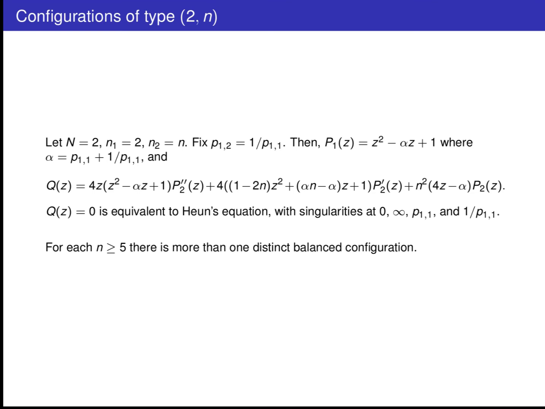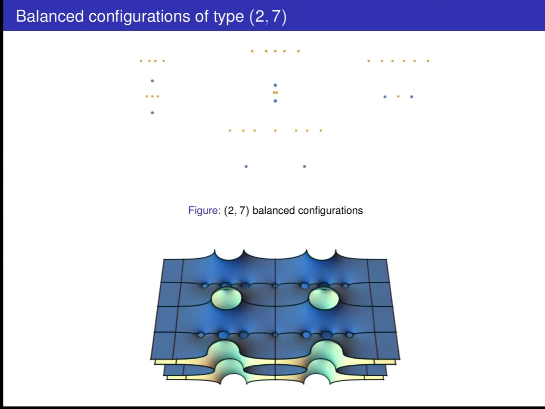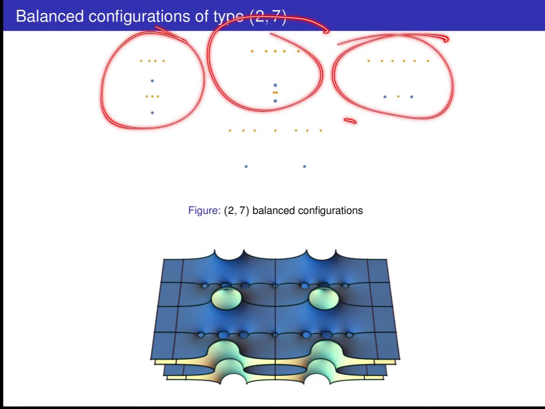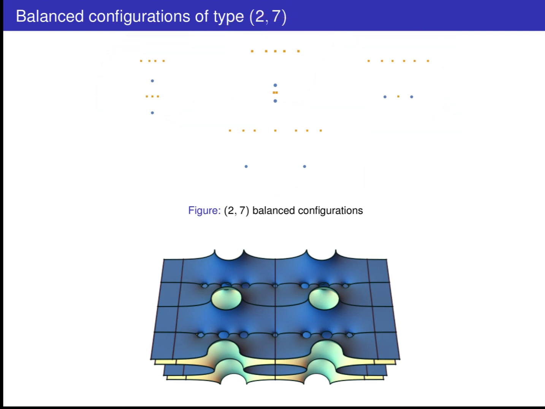For each n bigger than or equal to 5, there is more than one distinct balanced configuration. So here's some of the configurations of type 2, 7. In these figures right here, I've got 4 of them. The blue ones correspond to necks between levels 1 and 2.